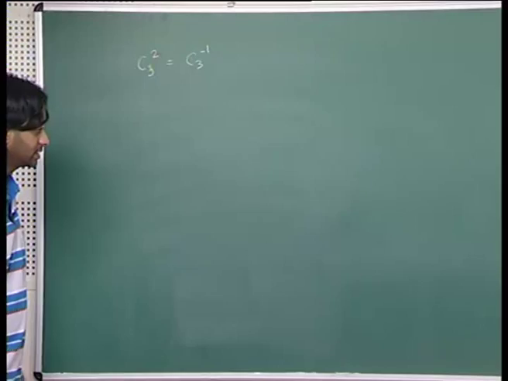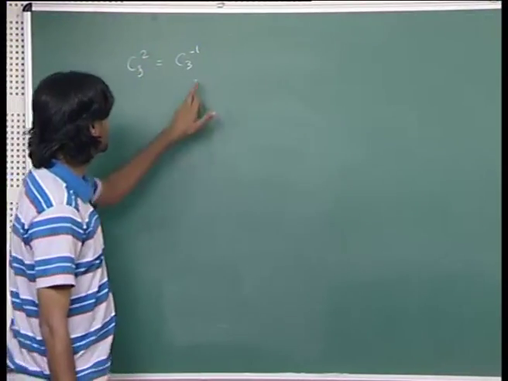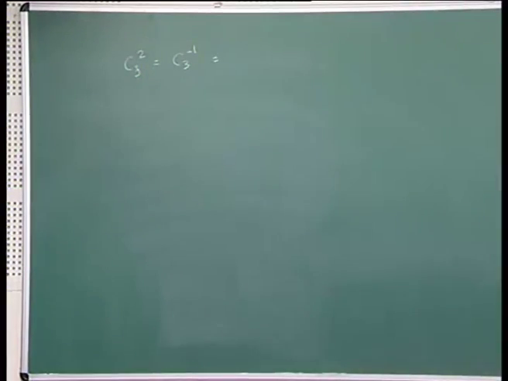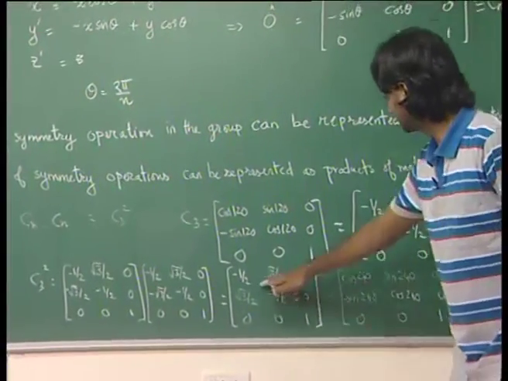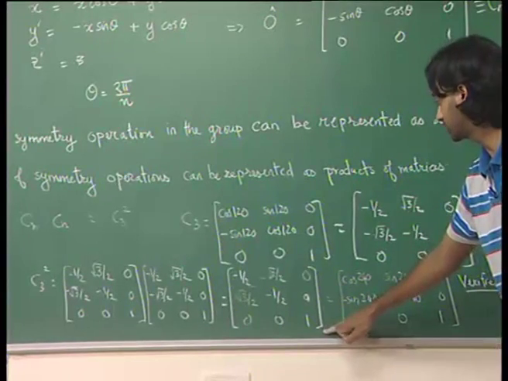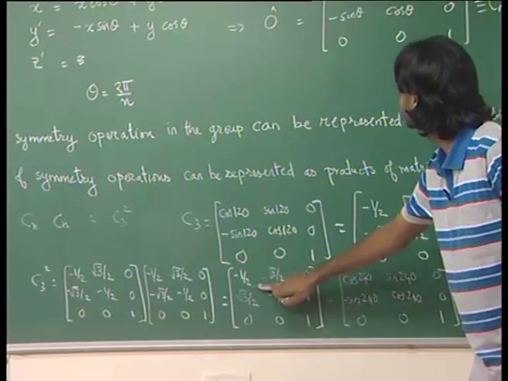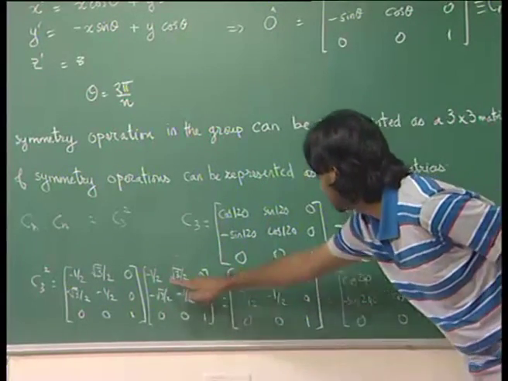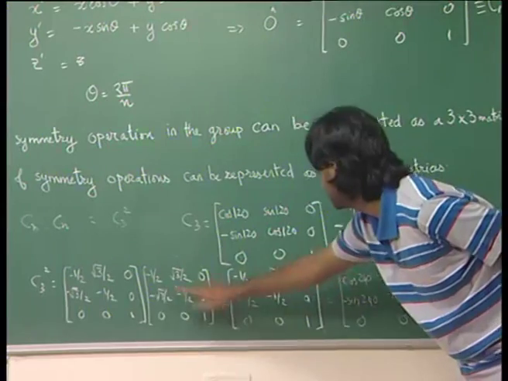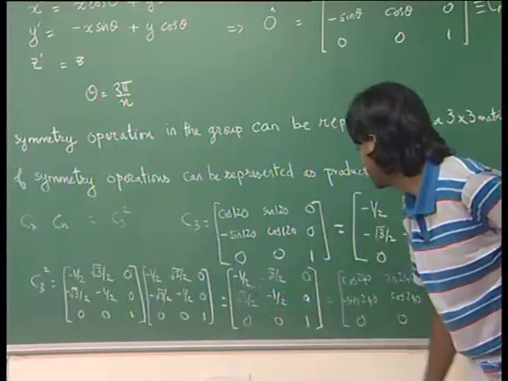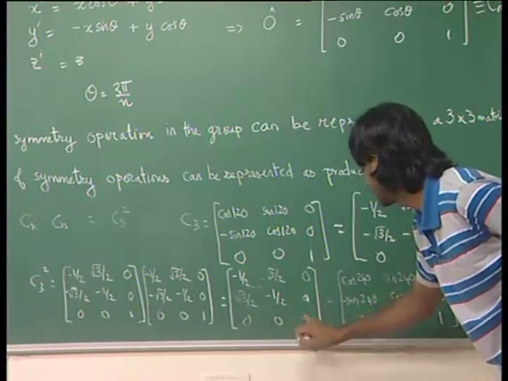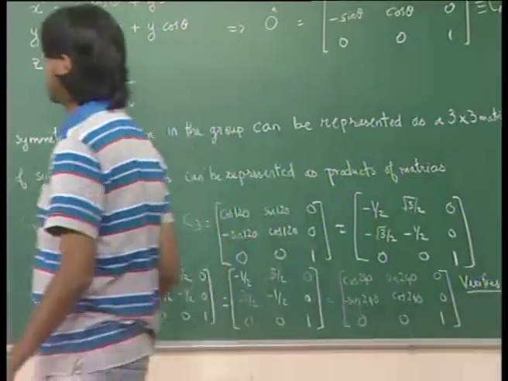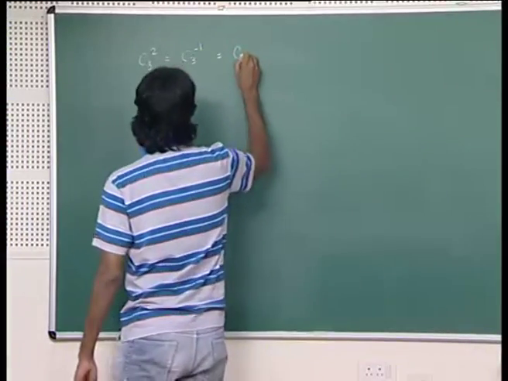So, you look at C3 inverse, and you notice that it looks exactly like C3, only these two elements are switched, and in fact, since the other off diagonal elements are the same, you see that C3 inverse is equal to C3 transpose.